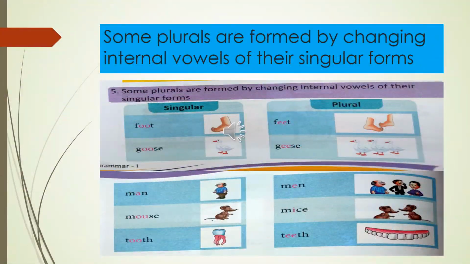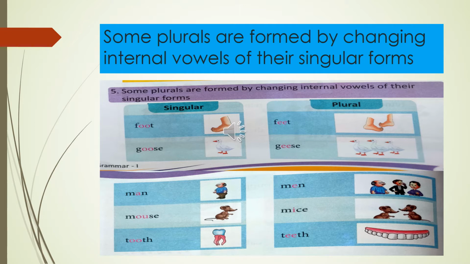Now, some plurals are formed by changing internal vowels of their singular forms. For example, foot, goose, man, mouse, tooth. When we change these into plural, foot becomes feet, which means we have changed their internal vowels. Double O became double E in feet.